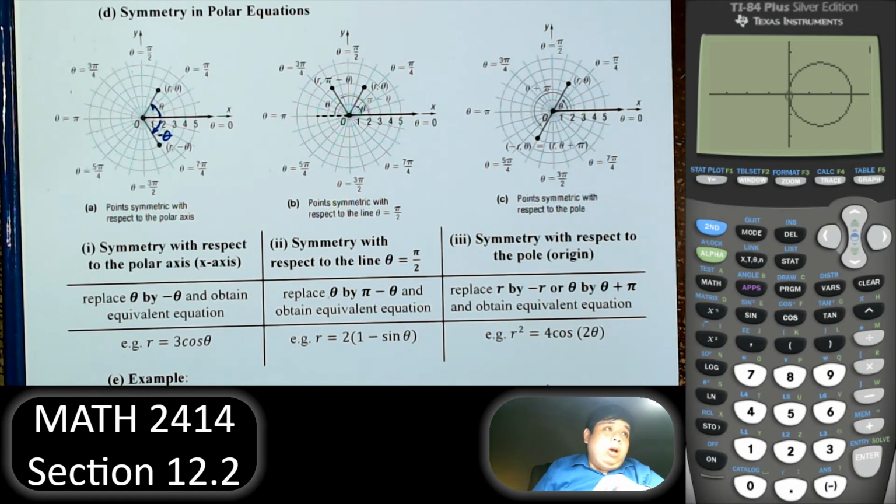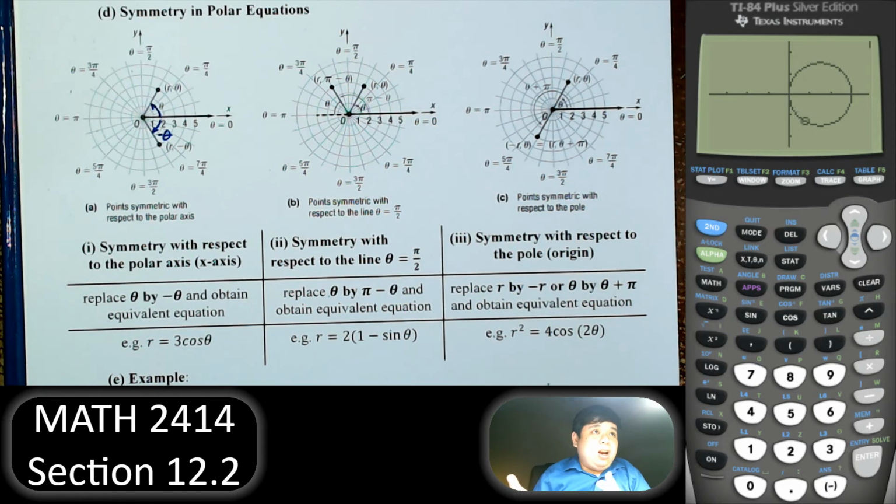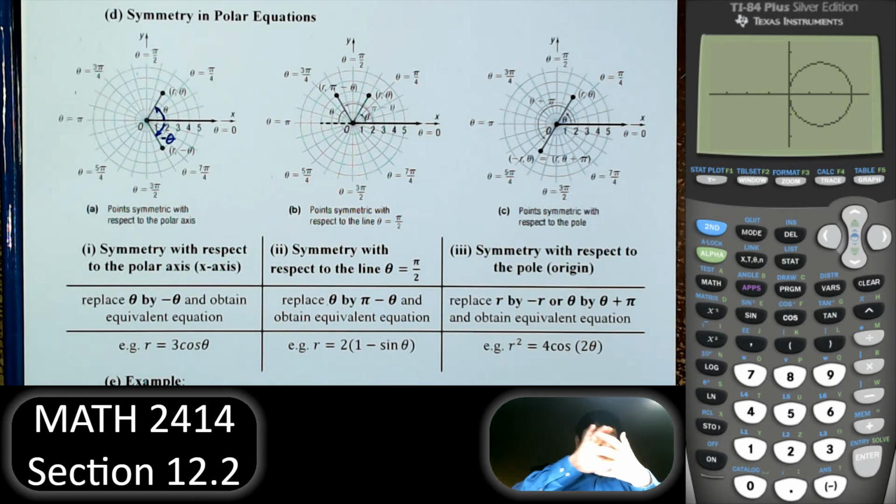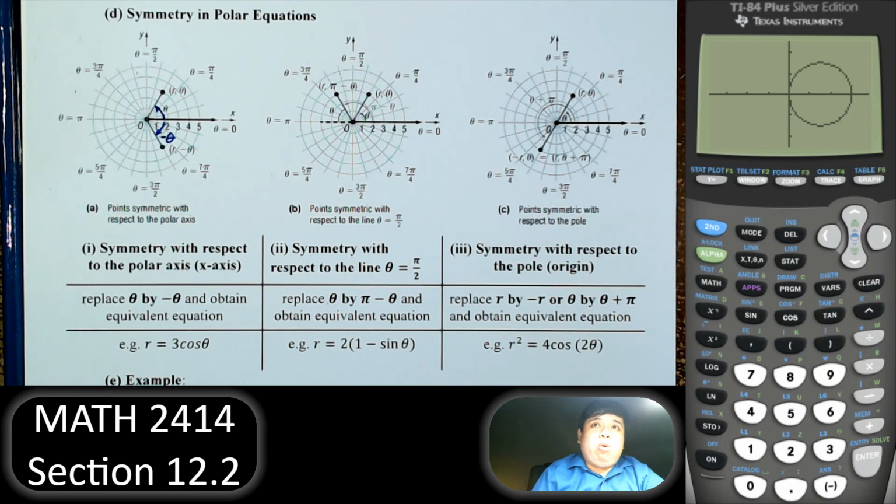Right, so we replace theta by negative theta, we get the same equation. By the way, this is not one-to-one. It might start at a different point, but it will graph the same thing.